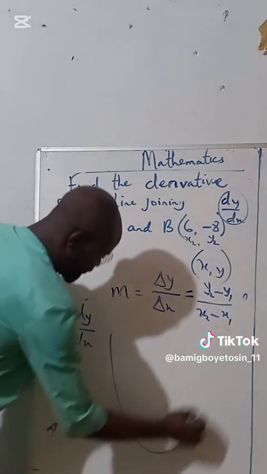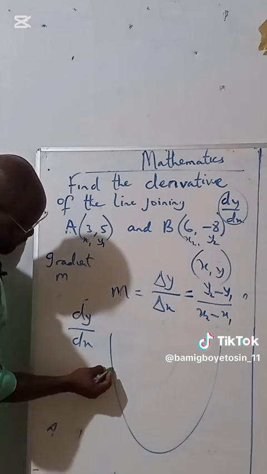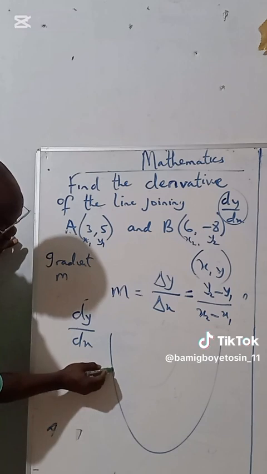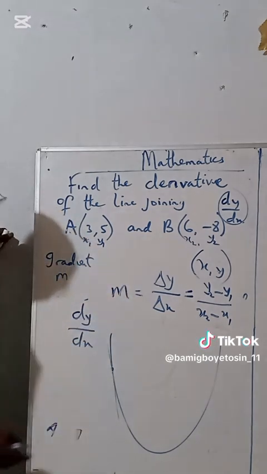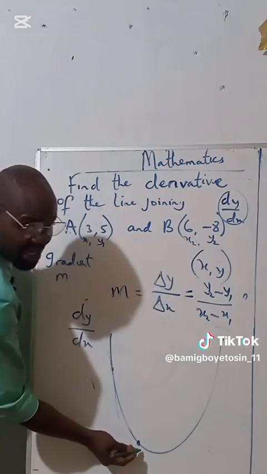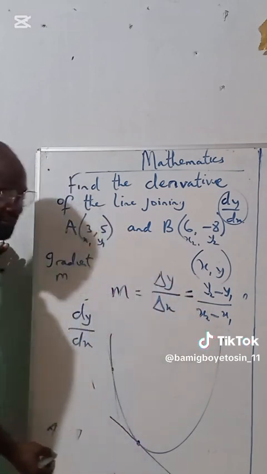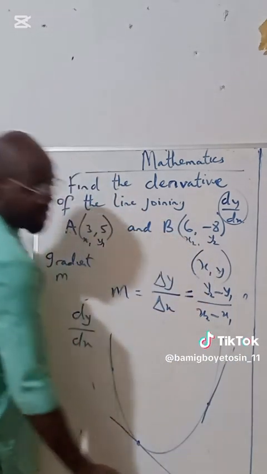Whenever you have a curve, at every point on that curve there's always a tangent. A tangent is a straight line that touches that point. For every point on that curve, there's always a what? A tangent.